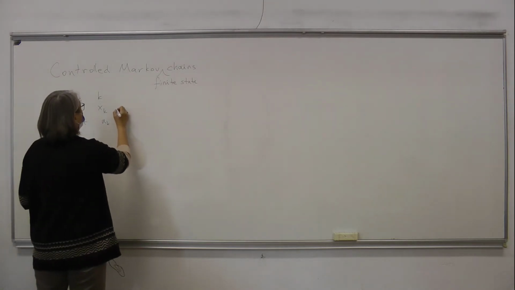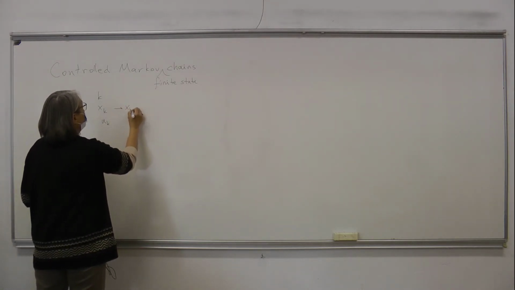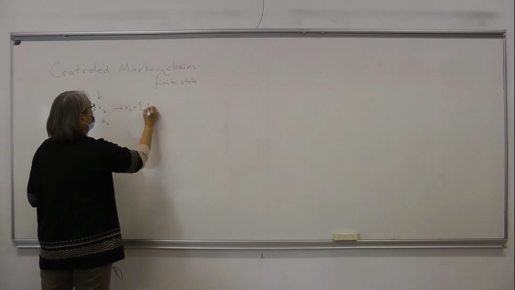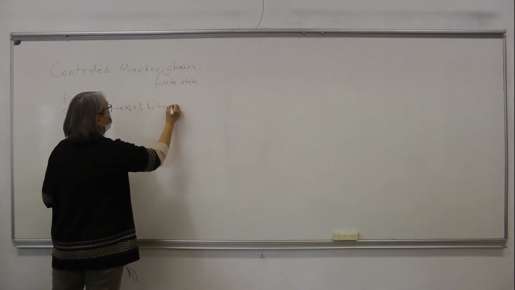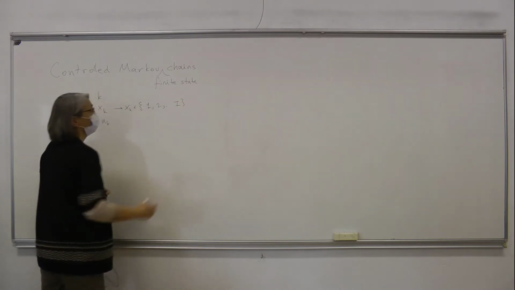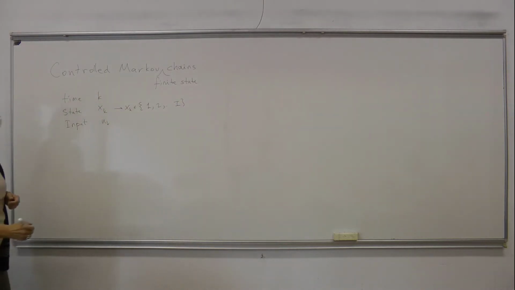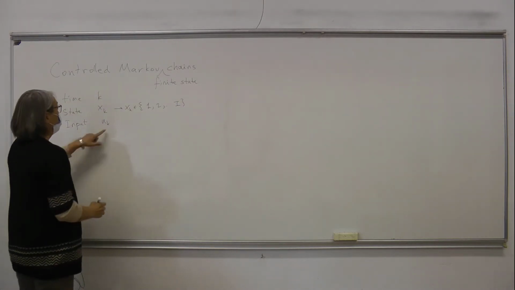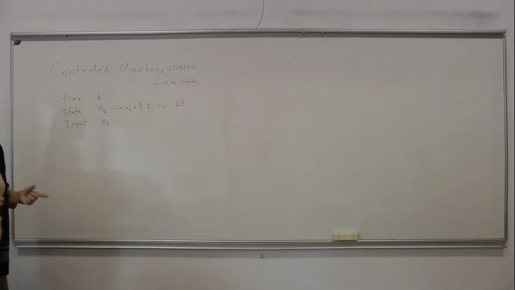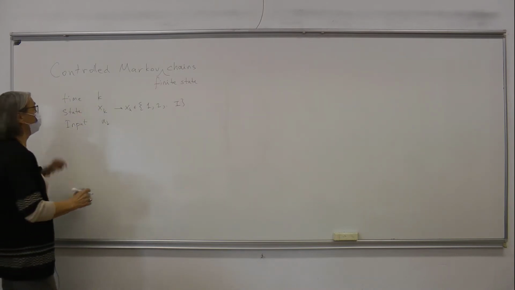And then we assume that the x_k, which is the state, belongs to the set 1, 2, etc. up to I. So we have I number of states. And u_k may be a discrete variable or a continuous variable, anything.